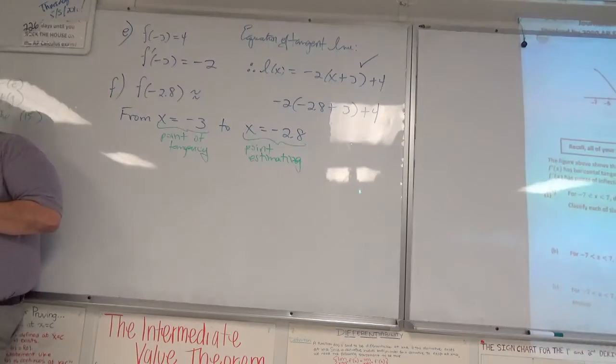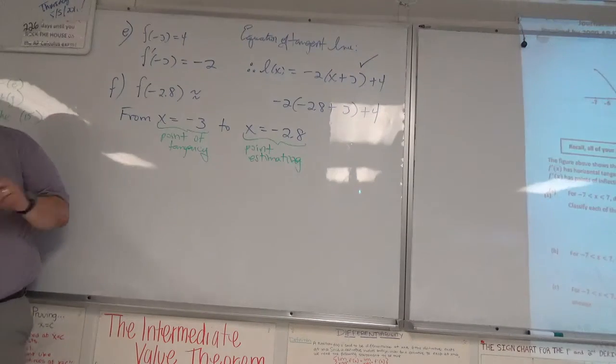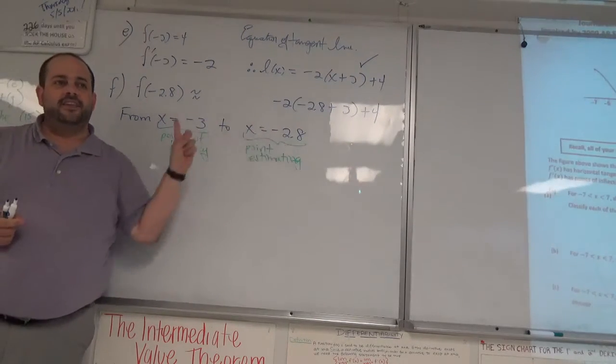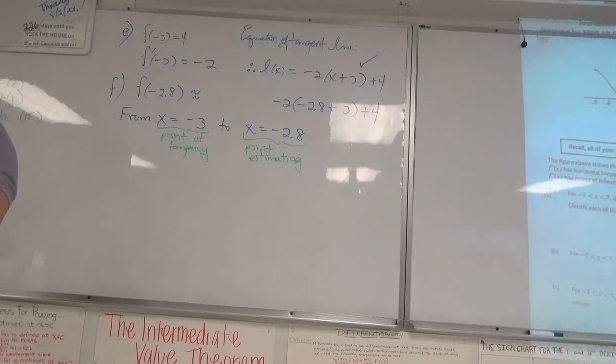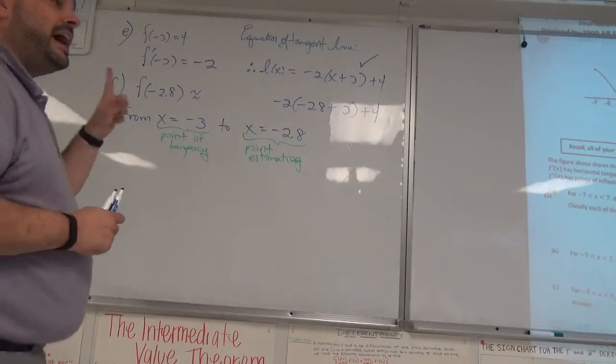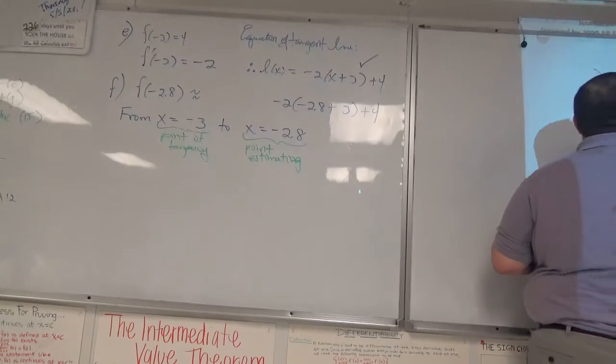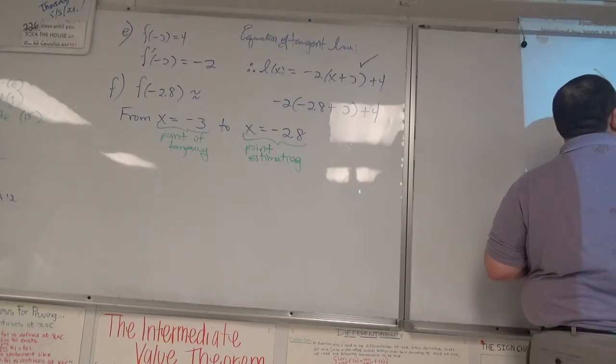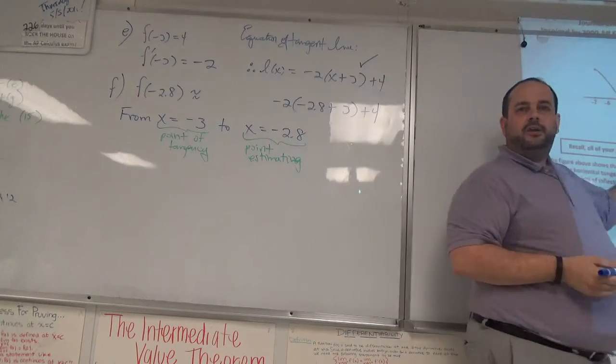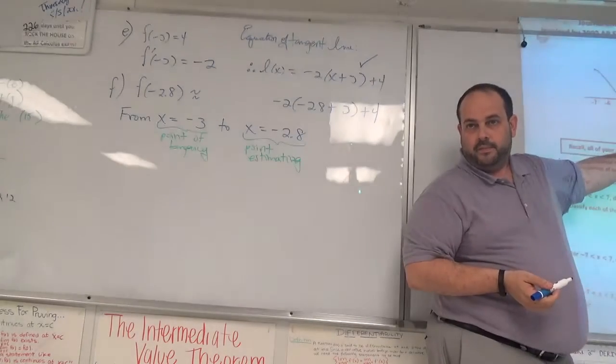From negative 3 to negative 2.8, does anybody know the concavity of f? Hear that question again: f, not f prime. The only thing you see in front of you is the graph of f prime. So here's x equals negative 3, and somewhere over here is where x equals negative 2.8.